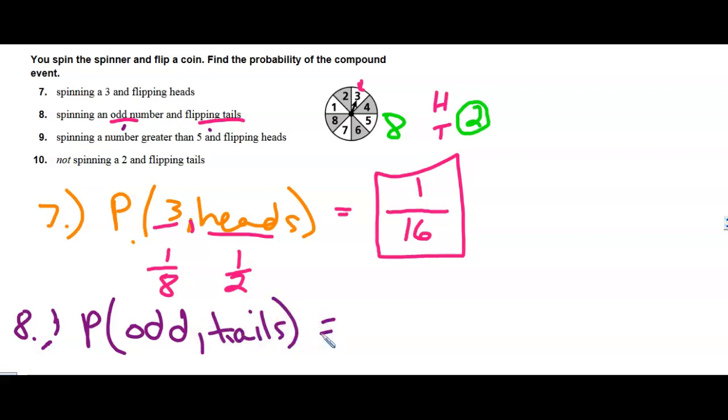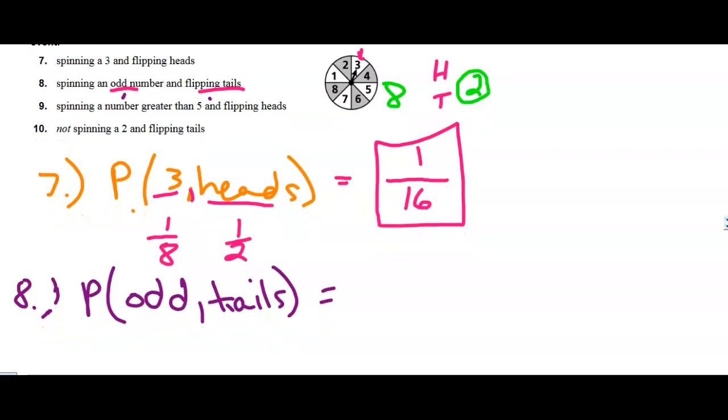Taking another look at the spinner, we identify 1, 3, 5, and 7. 4 of them are odd out of 8 total. Tails, again, we still only have a 50% chance, or 1 out of every 2 times.